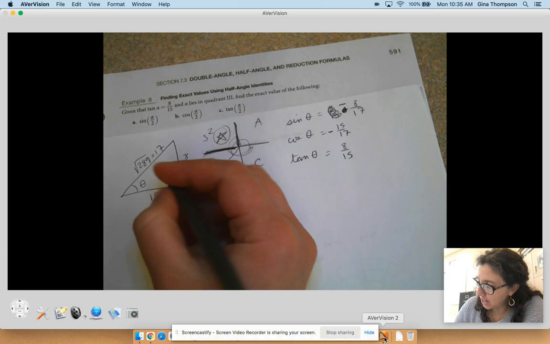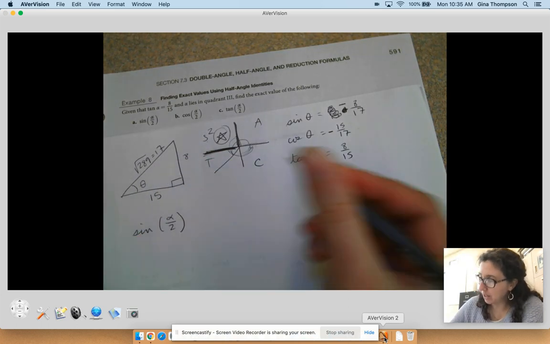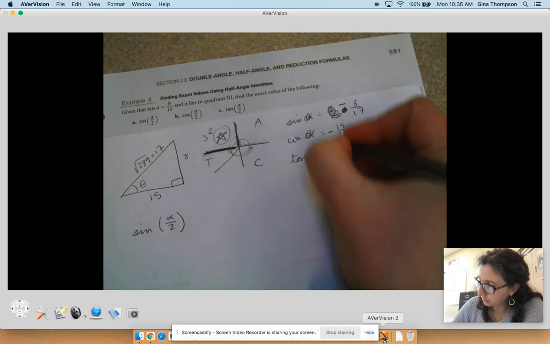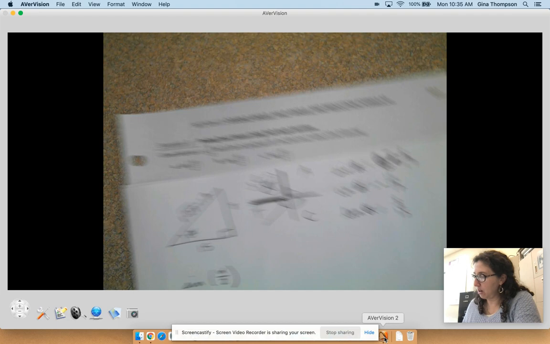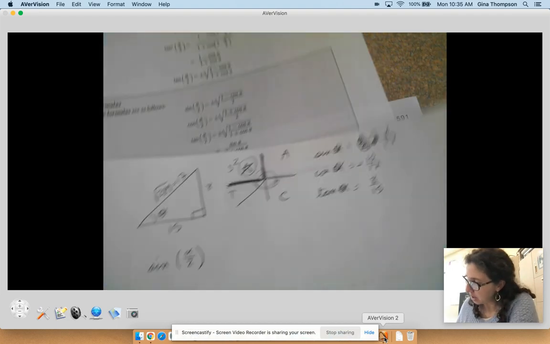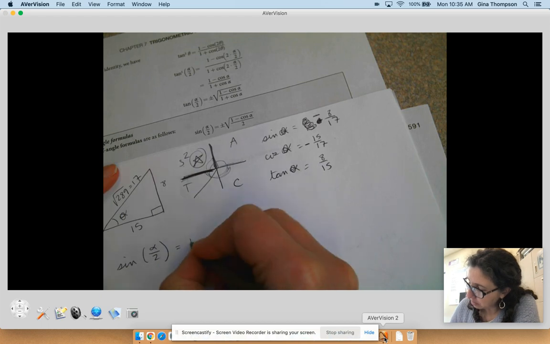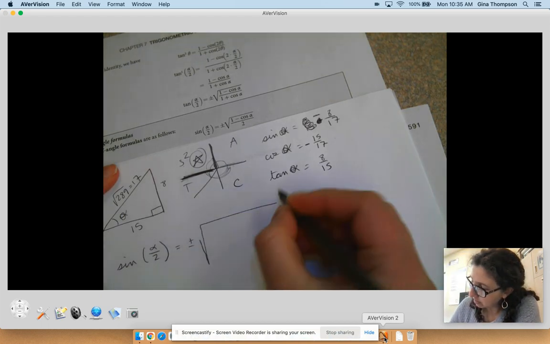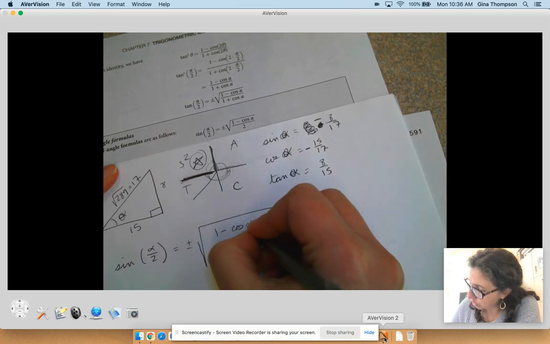So now let's find sine of alpha over 2. And I guess these should be alphas. All right, let's look at what our equation is. Sine of alpha over 2 is going to be plus or minus the square root of 1 minus cosine of alpha over 2.